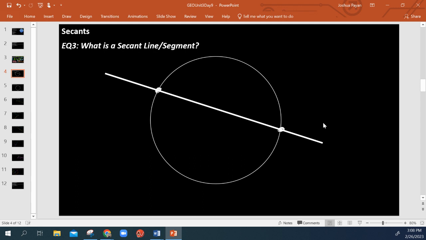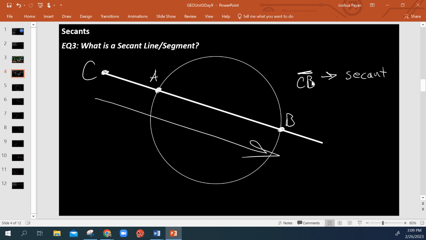If I call this A and this point here B, and this other point out here is C, then segment CB is a secant segment.